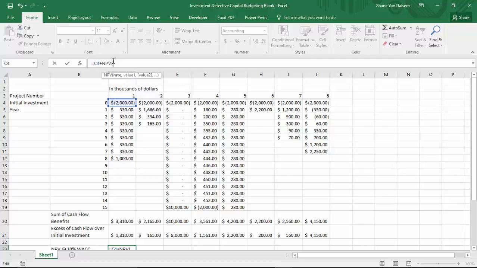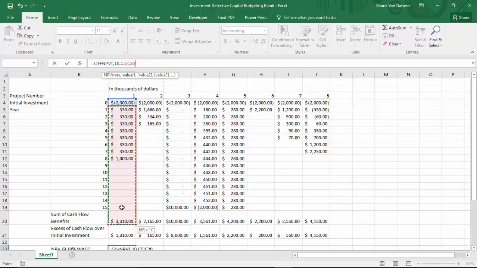And I'm doing that, you can see right up here, plus NPV. The rate is the weighted average cost of capital. In our first example here, we're going to use a 10% weighted average cost of capital, so I'm going to put in 0.10. This is different than in your calculator. In your calculator, you put a whole number in. In Excel, you put in the decimal. And then comma. And then the rest of these are the values starting with the first year.